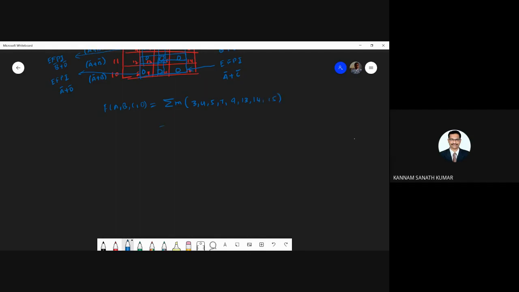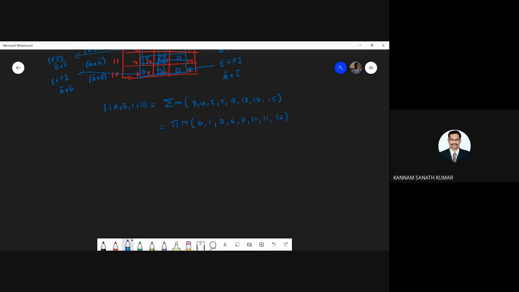Okay, so if you write in product of sums, the max terms, you are getting 0, 1, 2, and next is 6. Whatever terms are not present in this will come under the product of max terms. So this is 8, 10, 11 and 12.